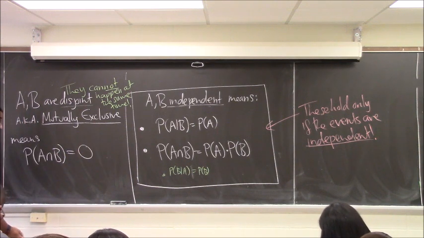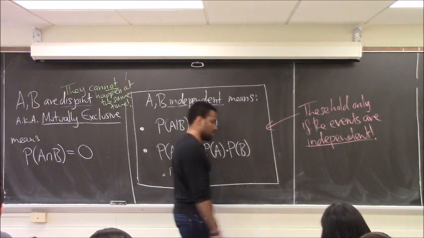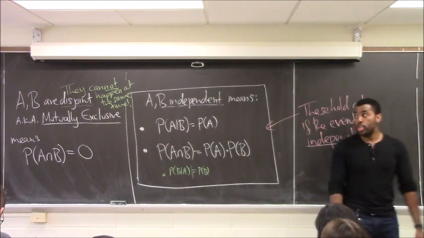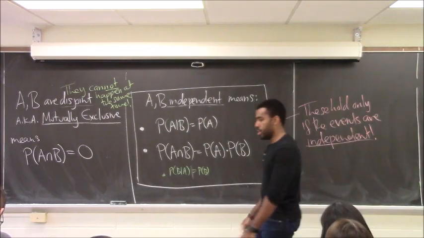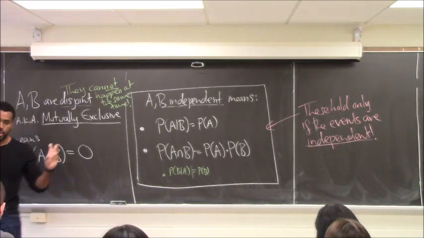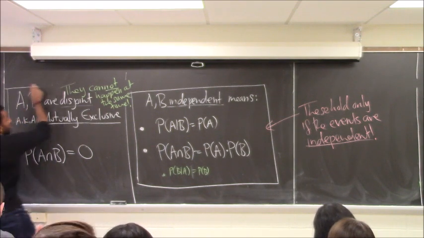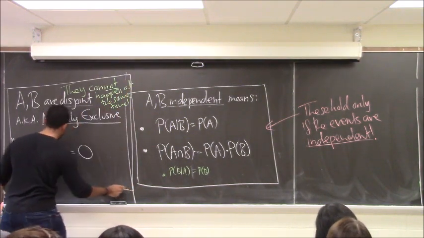The chances that both will occur at the same time is 0. There's a 0% chance of this happening. When you flip a coin, you cannot get both heads and tails. We say heads and tails are mutually exclusive events. They exclude each other. So that's a very important thing. Also.